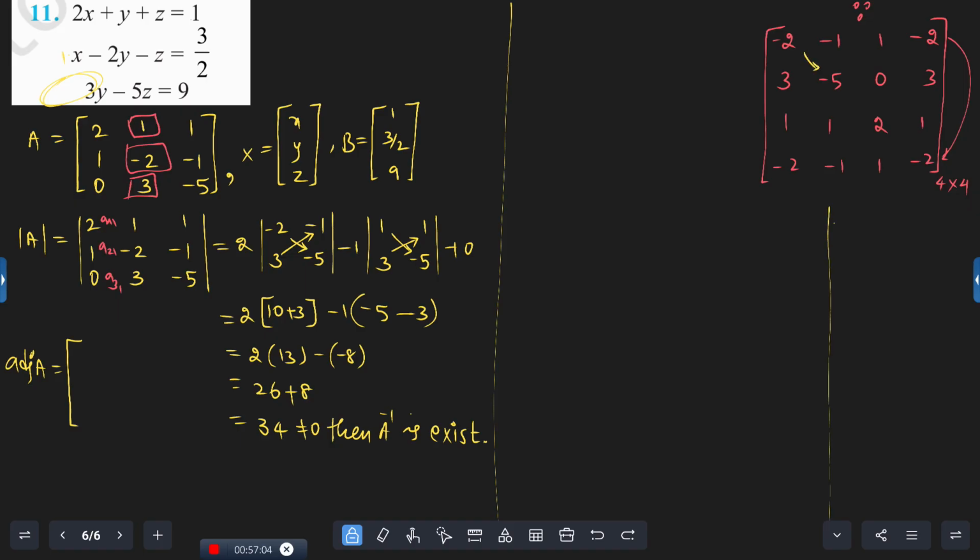Minus 2 into minus 5 is plus 10, by the formula minus 3 into minus 1 is plus 3, which is equal to 13. So your first number will be 13. Next, 3 ones are 3, by the formula minus 1 into minus 5 is plus 5, which is equal to 8. So your first row's next element will be 8. Next, 1 into minus 1, by the formula minus 2 into 1 is minus 2, minus and plus 2 which is equal to 1.